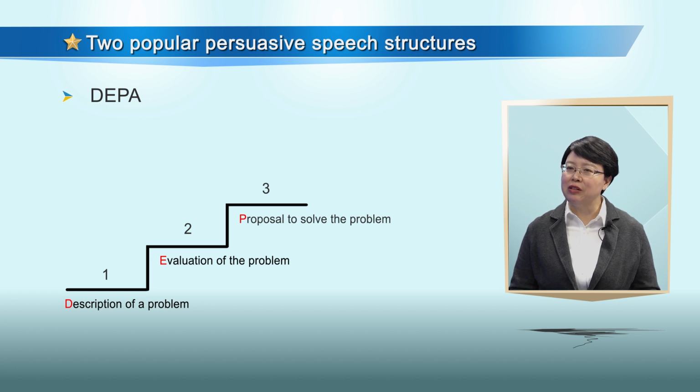Then you satisfy their needs by providing suggestions and reasons why your proposal will work. The final step, step 4, A, action. At the last, you relate to your audience and tell them what they can do to help solve the problem.